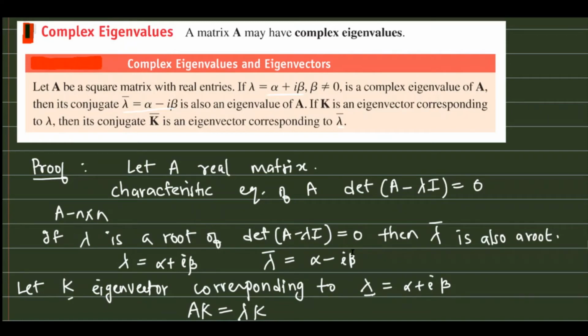Now we know that complex roots of an equation with real coefficients appear in conjugate pairs. So if lambda is a root, then its conjugate lambda bar will also be a root of this characteristic equation. That is, if lambda equal to alpha plus i beta is a complex root, then its complex conjugate lambda bar, which is denoted by alpha minus i beta, will also be a root of the same characteristic equation.